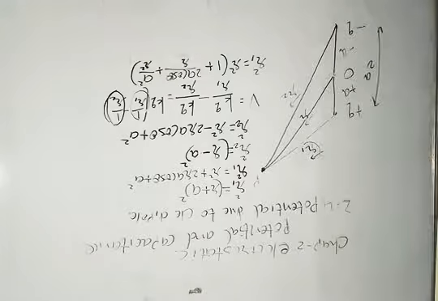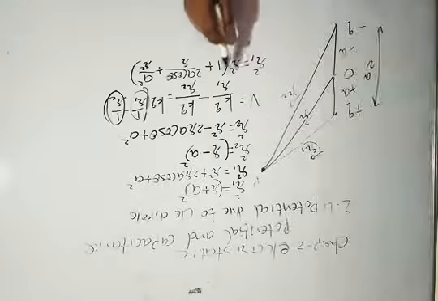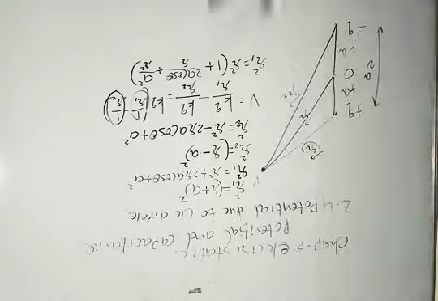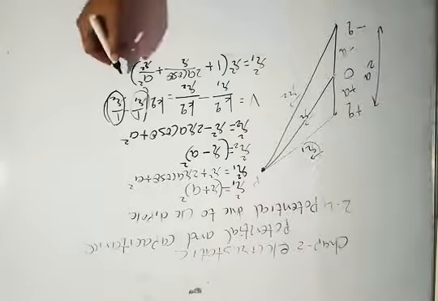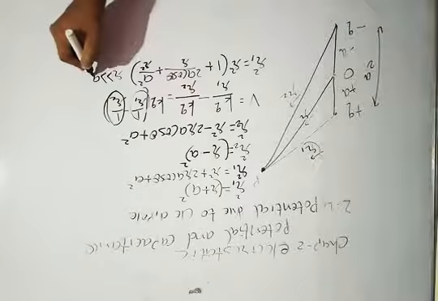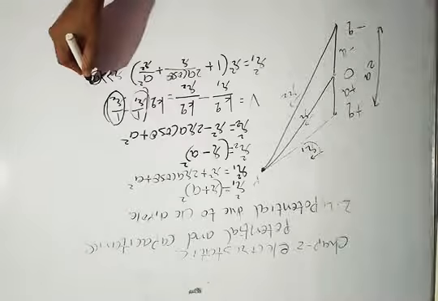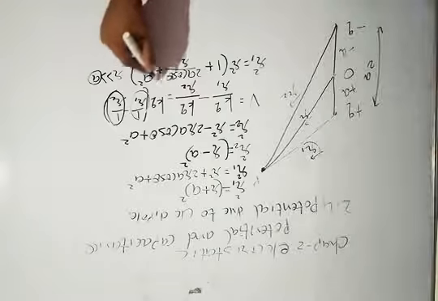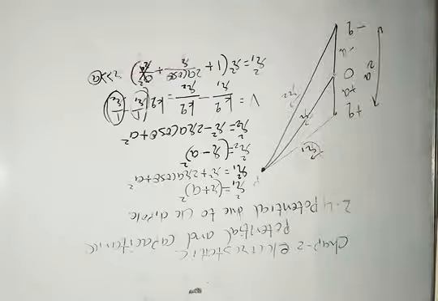Now r1 square is r square times 1 plus 2a cos theta upon r plus a square upon r square. But here r is very much greater than a, so we have to neglect this a square term. a is very small, r is very big, so this ratio will become very small, that's why we neglect it.